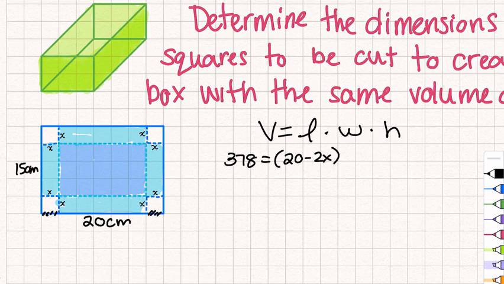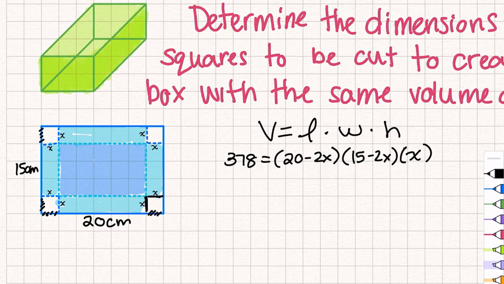For the width, we're cutting out x and x, so our width would be 15 minus 2x. And finally, our height of the box is x, because we'll be folding up these sides. So that's the height, and that's equal to 378.